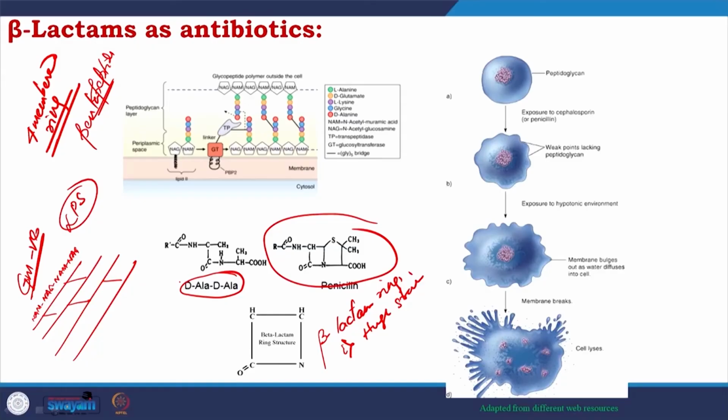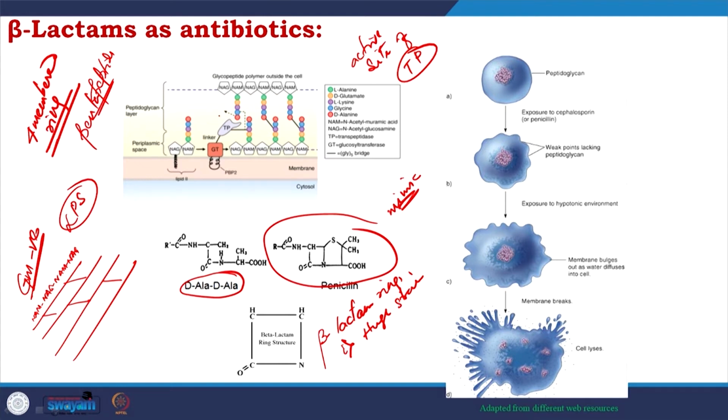DLA, right? And if you look at DLA, and look at the structure of penicillin, chemically these two structures are very, very similar. So, penicillin works as a mimic of this, and this binds to the active site of transpeptidase, the enzyme transpeptidase here.